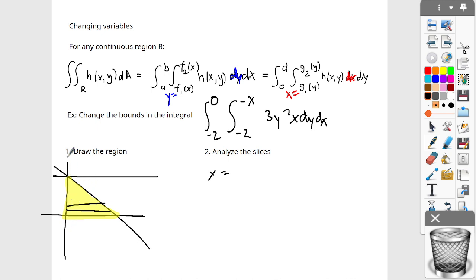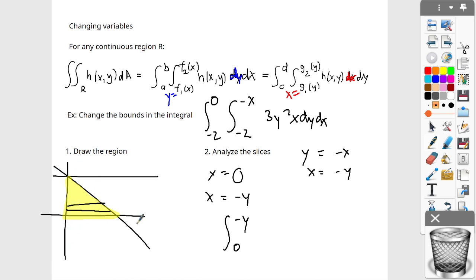So this line right here is x equals 0. It's the y-axis. What's the line of this? Well, if y is equal to negative x, then it's also x is equal to negative y. So x equals negative y is this line right here. So it goes from 0 to negative y. Right? 0 to negative y.